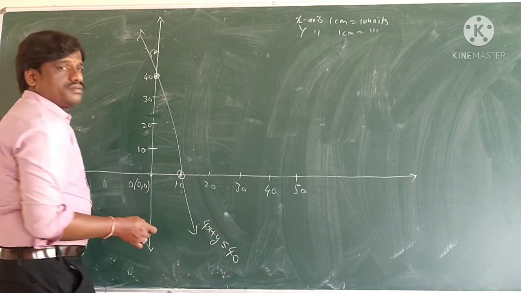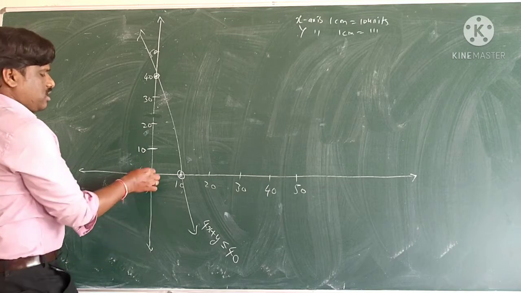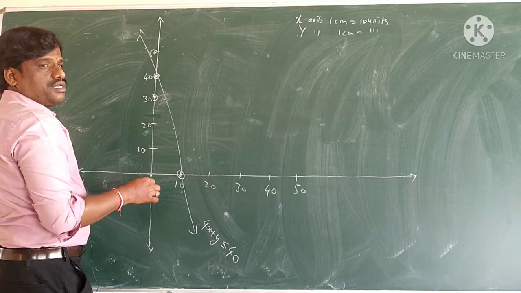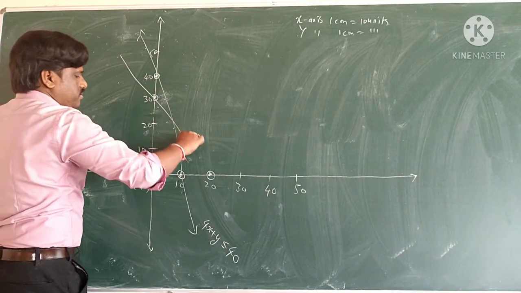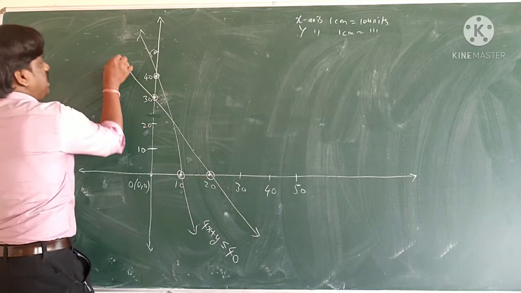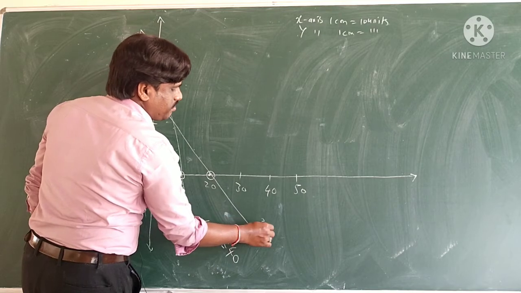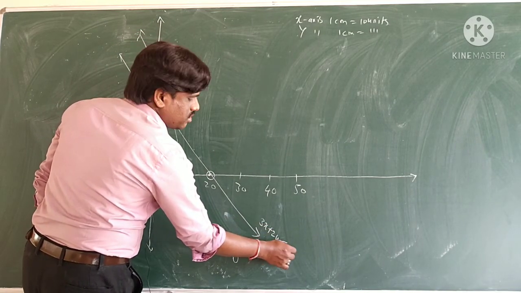Next, the next points: 0 comma 30 and 20 comma 0. What is the line name? 3x plus 2y less than or equal to 60.